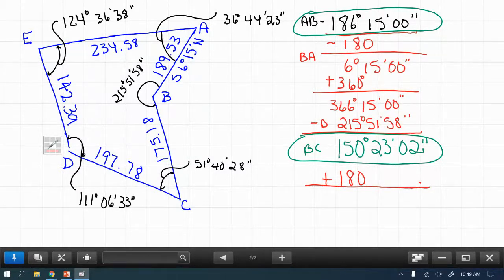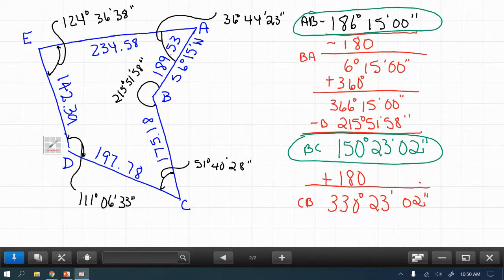Did I add that right? Is that 330? Yeah. Okay. And so that's back azimuth C to B.